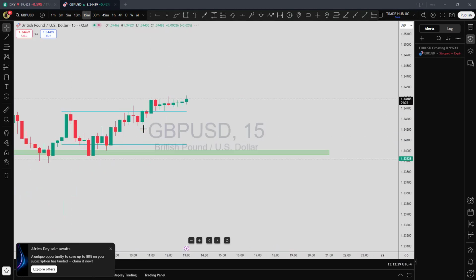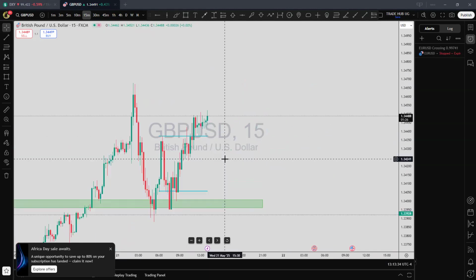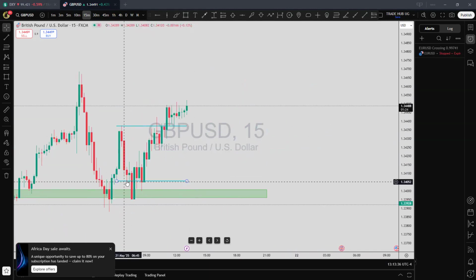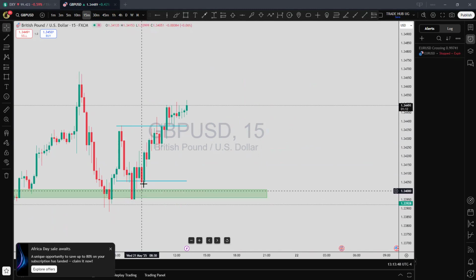Now, I've switched to the 15 minutes time frame, to look at the lower time frames. This was a liquidity sweep, and it gave you a clear signal that we are bullish after printing this pattern. You can see this is a bullish engulfing pattern. Right there and then, we got a bullish engulfing.